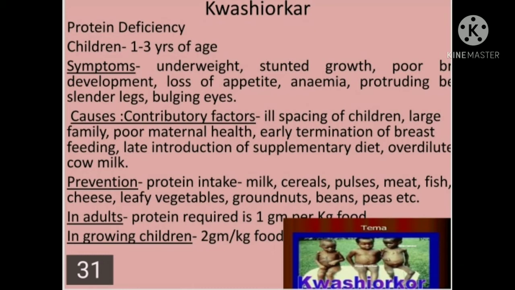In adults, protein required is 1 gram per kg. In growing children, it is required 2 gram per kg. If it is below the requirement, then it will cause Kwashiorkor disease. So it's all about Kwashiorkor disease.